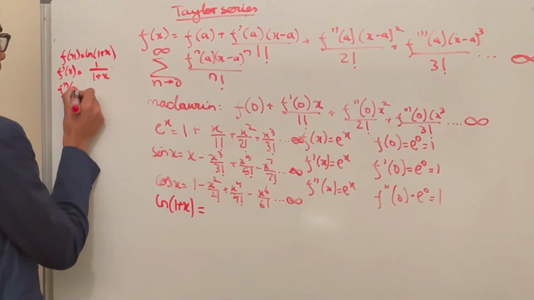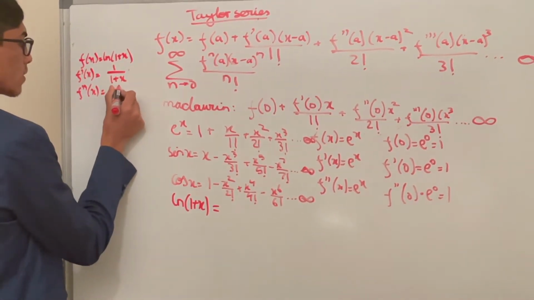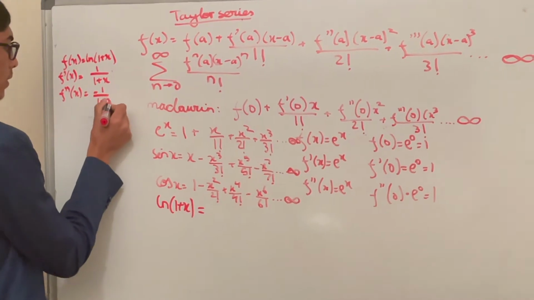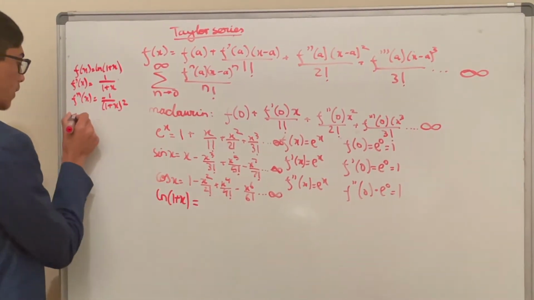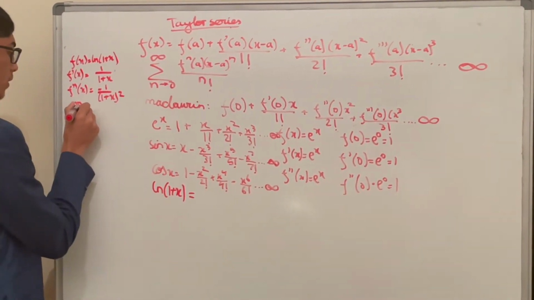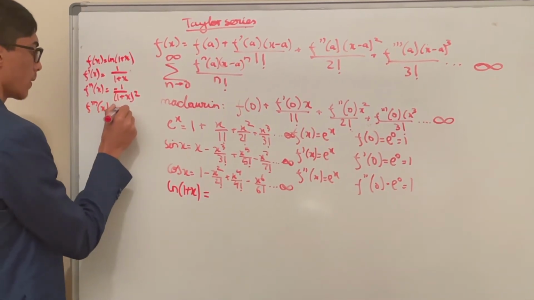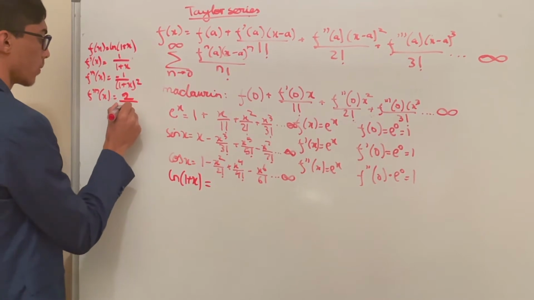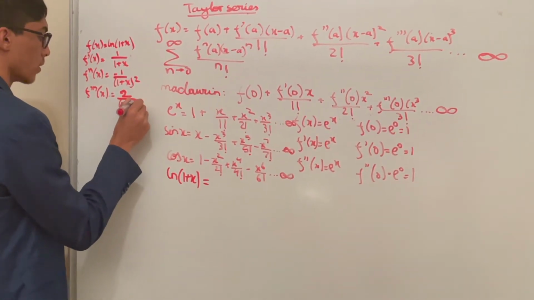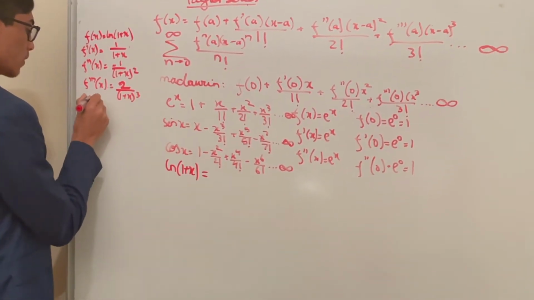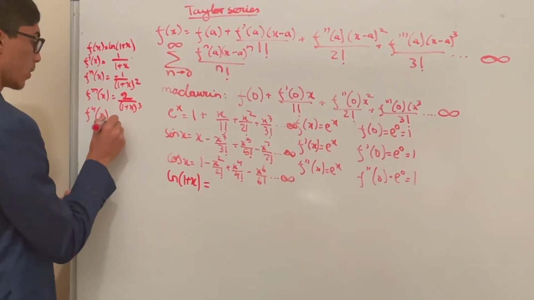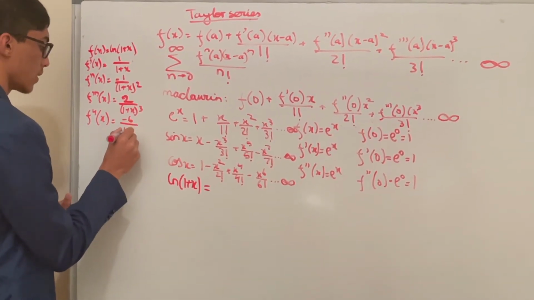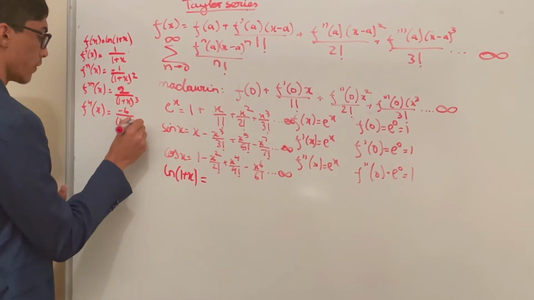The second derivative would be minus 1 over 1 plus x squared. The third derivative would be 2 over 1 plus x whole cubed. And the fourth derivative would be minus 6 over 1 plus x to the power of 4.